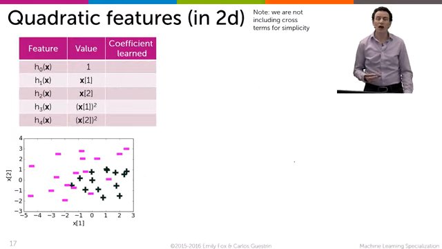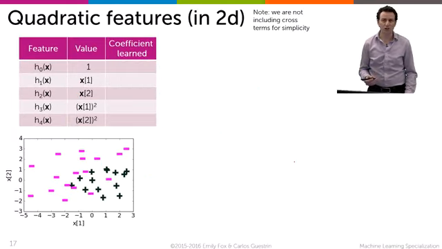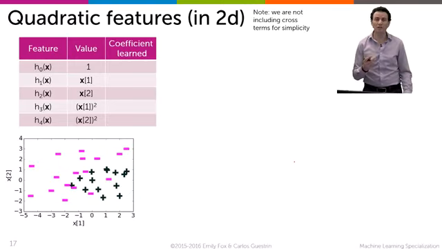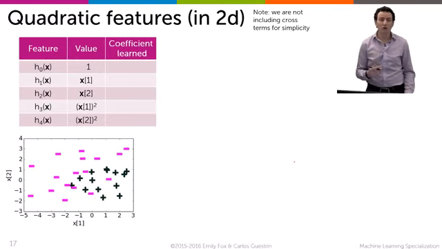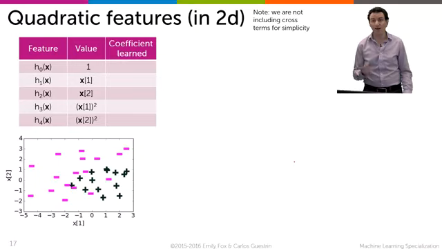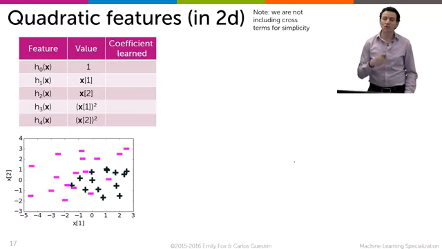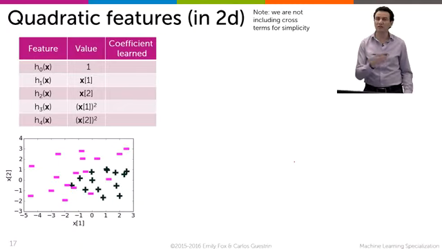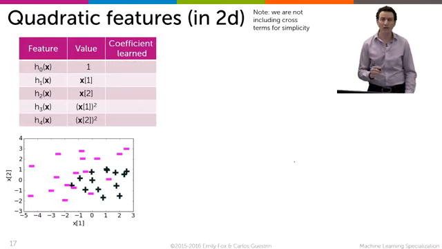To fit a better model, I'm going to try what are called quadratic features. So I'm going to consider not just x1 and x2, but also x1 squared and x2 squared. Note that this is not general quadratic features. I'm not considering x1 times x2, the cross terms, because then it becomes pretty big later on. So I'm just going to do these simple quadratic features.